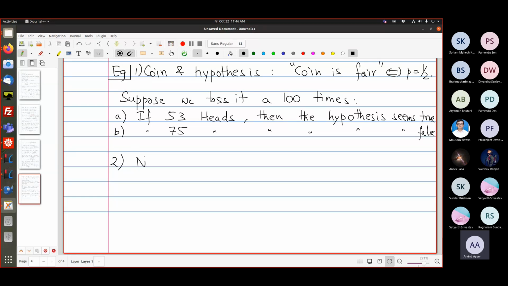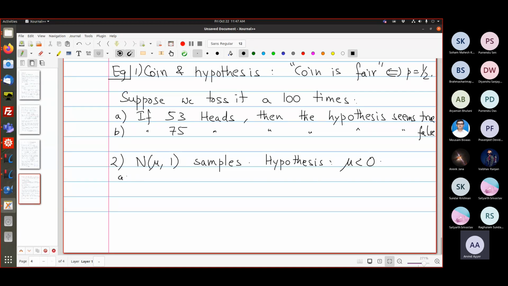Suppose we have samples from a normal distribution with mean mu and variance 1. So you know the variance. Let's say our hypothesis is that mu is negative. It is certainly a possible hypothesis.